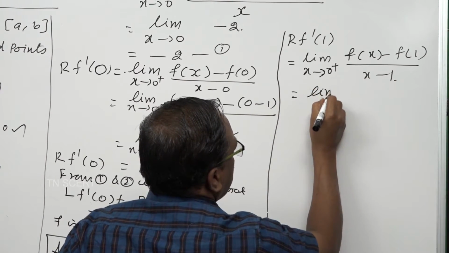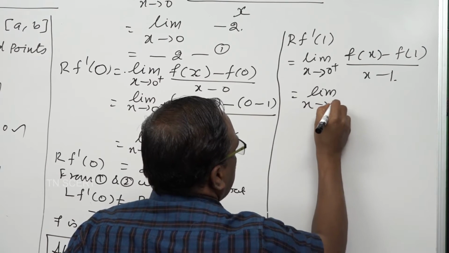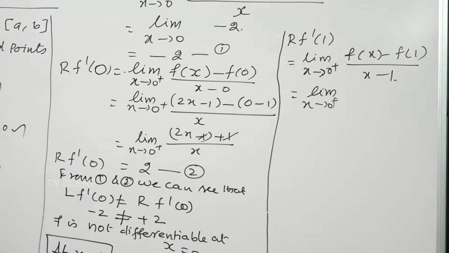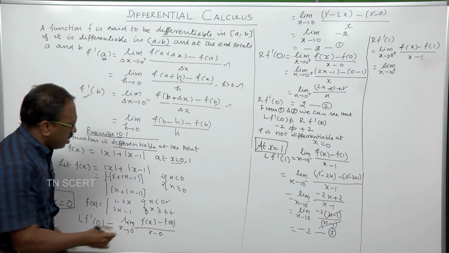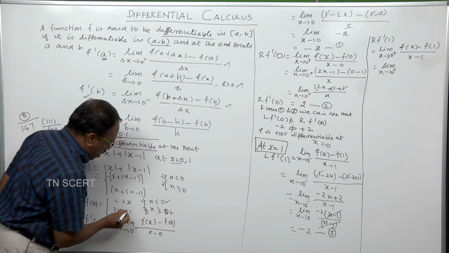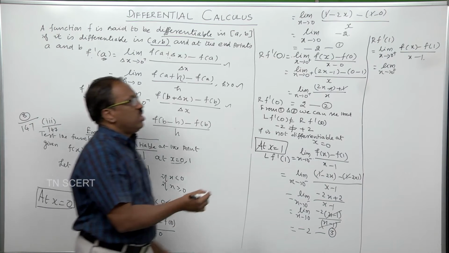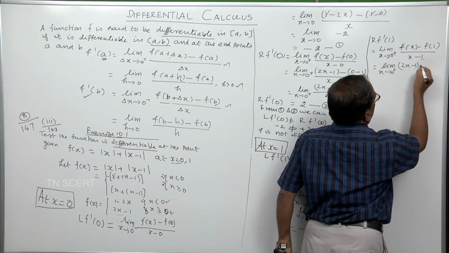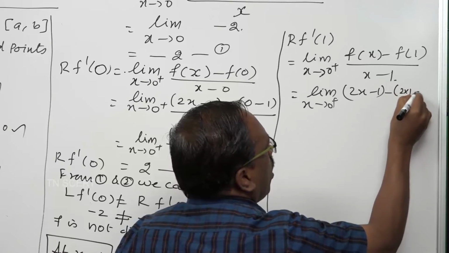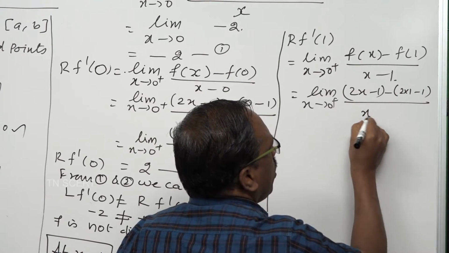What is the right limit here? 2x minus 1, remember that, this function. So, 2x minus 1 minus (2 into 1 minus 1) by x minus 1.